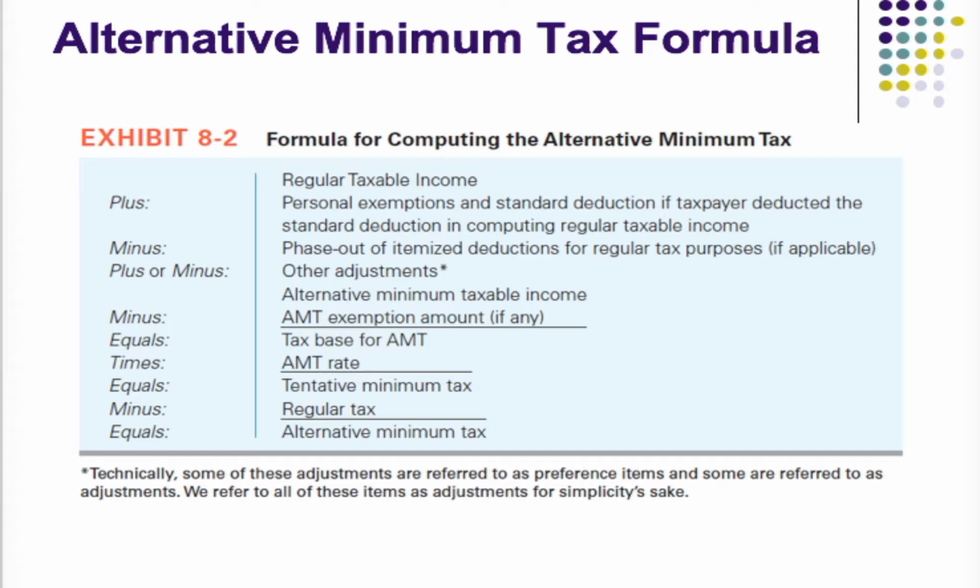So once you start doing taxes, you will get accustomed to seeing what those particular deductions are and be able to red flag them whenever you see them and think to yourself, hey, I may need to do an alternative minimum tax calculation for this individual because they have these particular deductions that would trigger it. At any rate, this is the textbook definition for computing the alternative minimum tax.